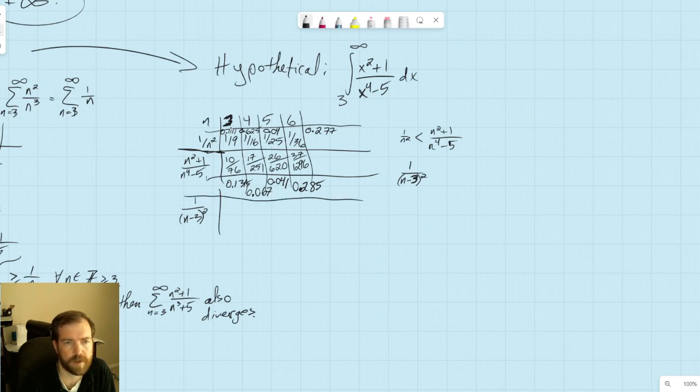All right, so 1/n minus 3. 3 we can't do, so maybe that was a problem. N minus 2. Sure, we'll let it be that, just because that's the next integer over and it's just easy to work with. Okay, so let's do n minus 2.